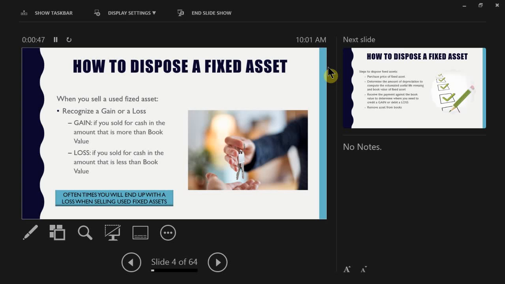Now, how do you dispose of it? How do you write it off your books? Well, in this case, when you sell it, for example, you need to have the calculated amount, because when we do sell our fixed assets, especially a used asset, we're going to have either a gain or a loss. We make money out of it, or we take a loss. Now, if we actually get a gain, what does that mean?